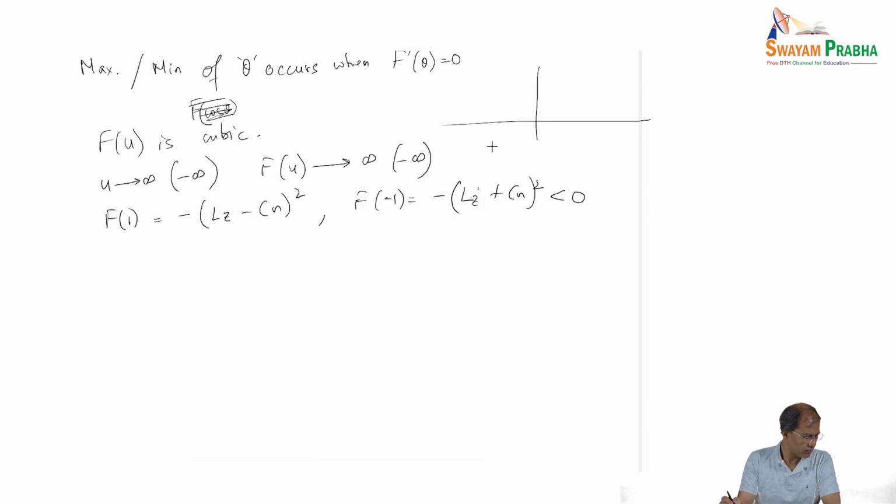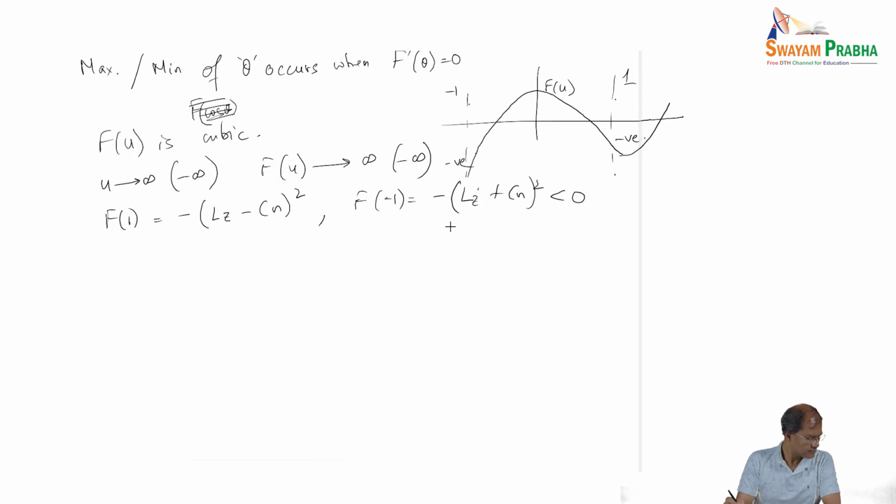This is also negative. So let's say this is the case where the cubic polynomial f of u looks as follows: at both minus 1 and plus 1, f of u is negative.